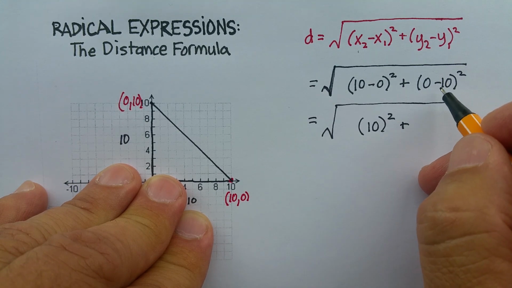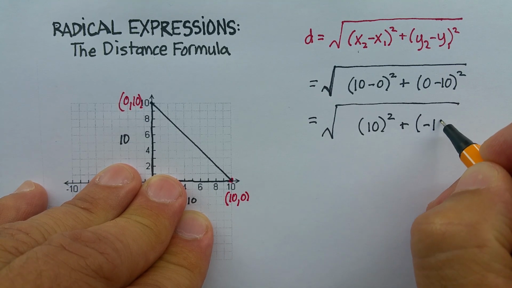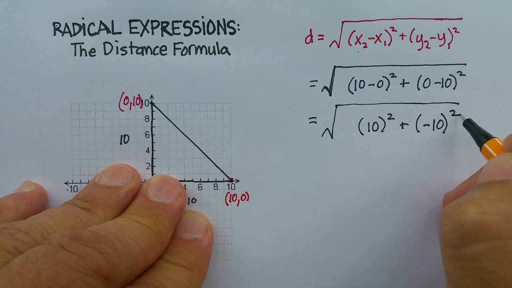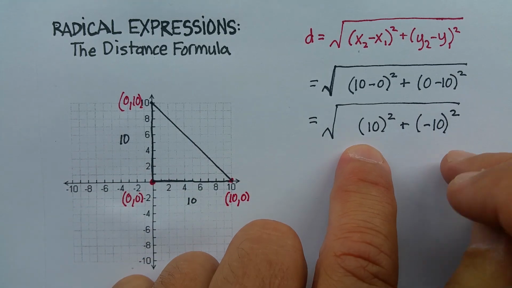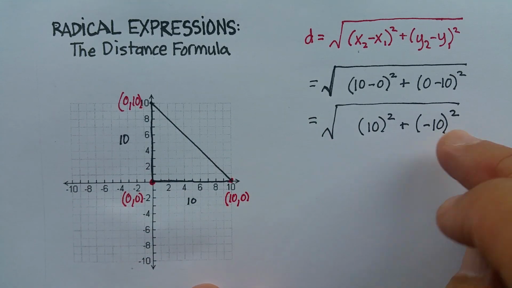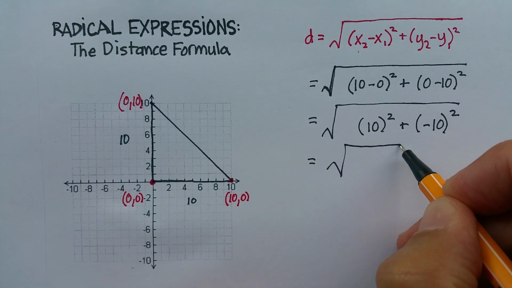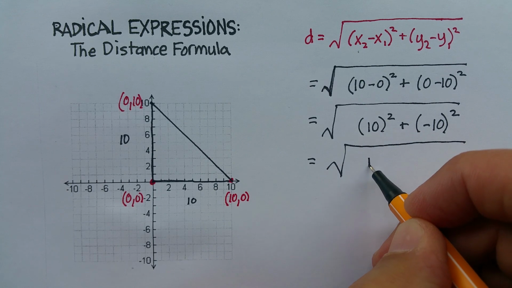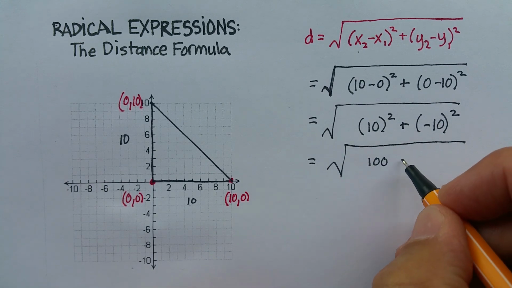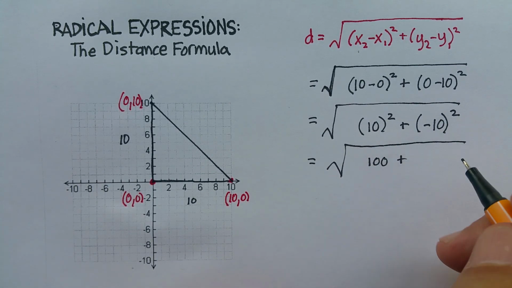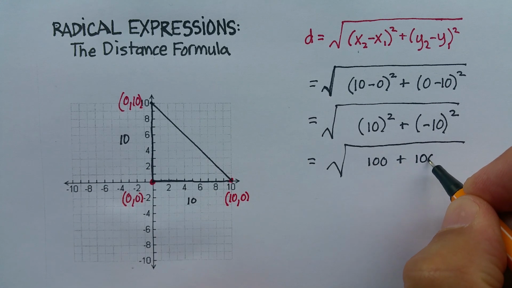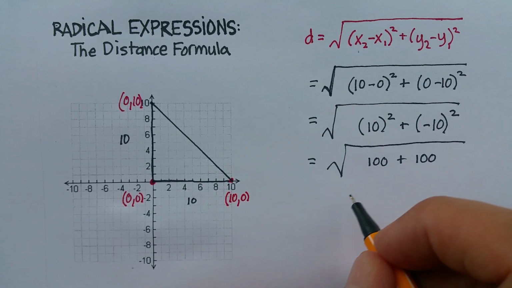Innermost grouping symbol 0 minus 10, or negative 10, again quantity squared. According to PEMDAS, you're supposed to move to the exponents now. 10 squared is equal to 100. Negative 10 squared is also equal to 100.